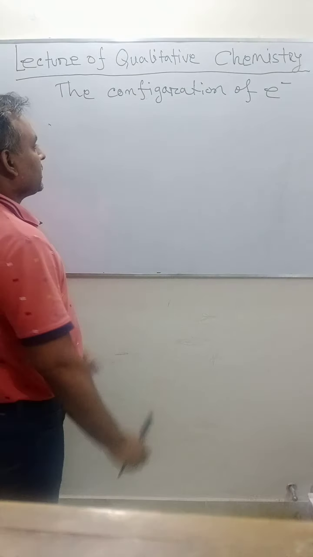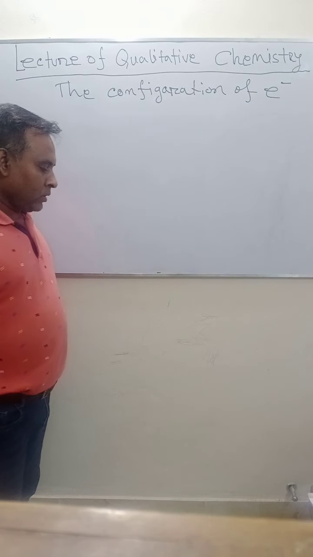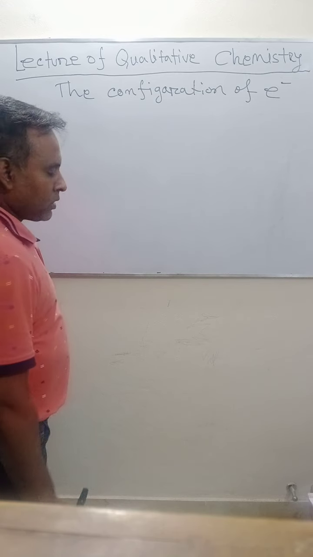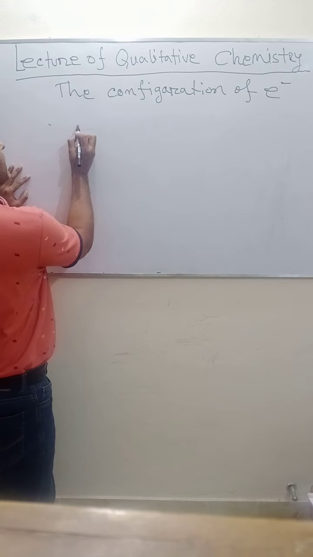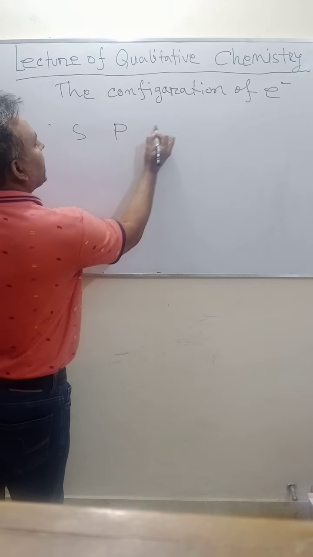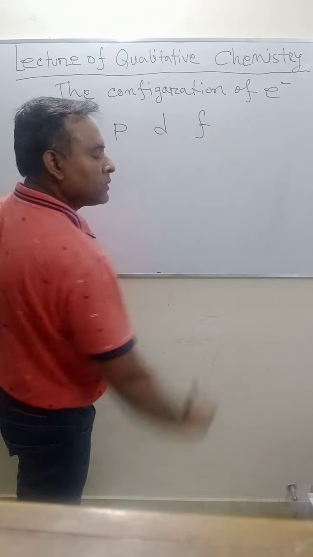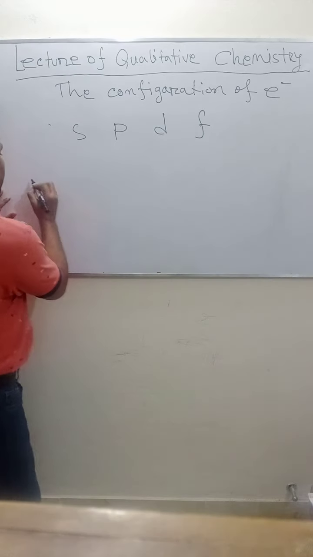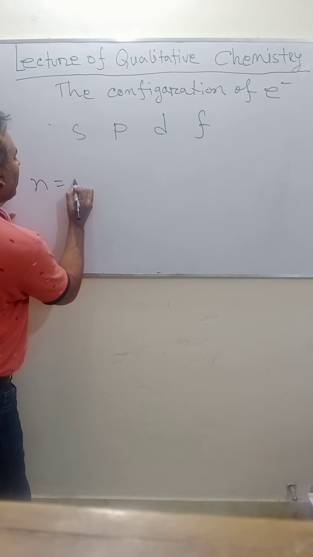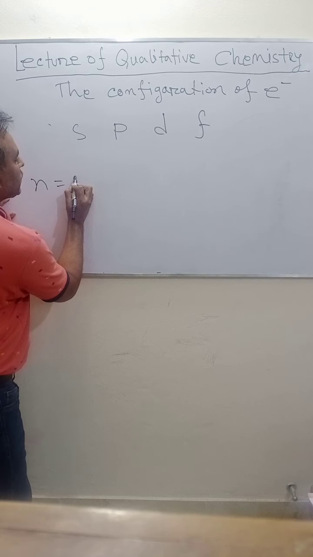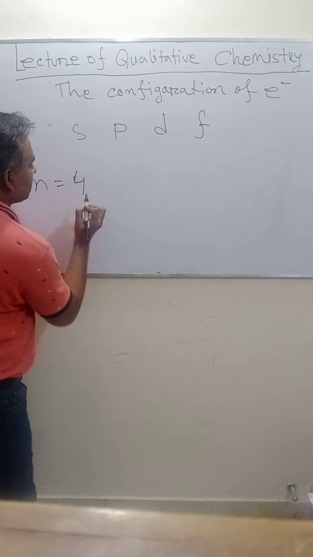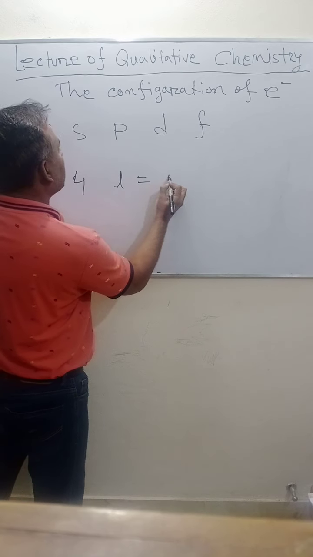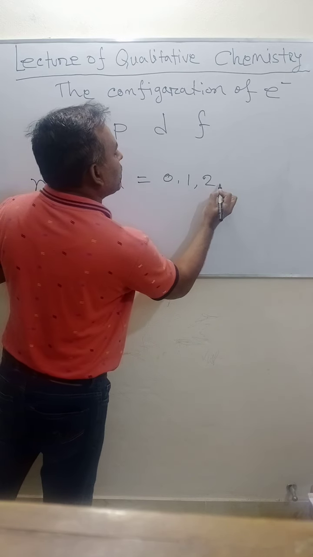You know that there are subshells: S, P, D, F. You know that n equal to 4 means l equal to 0, 1, 2, 3.